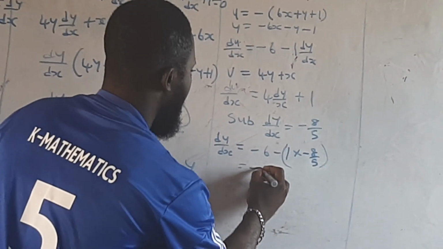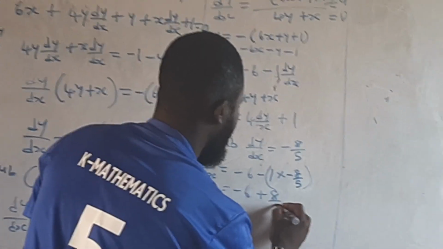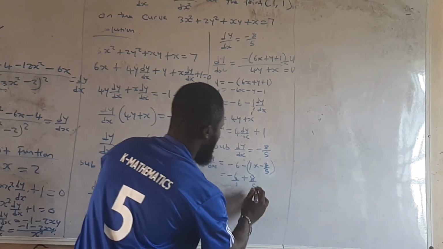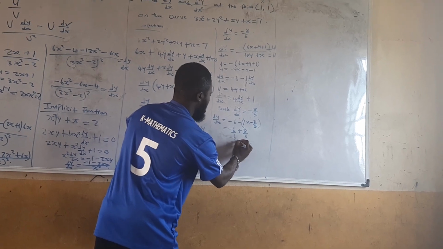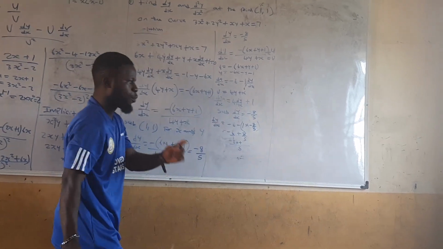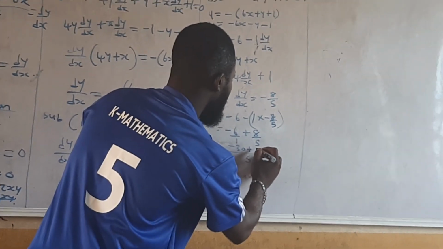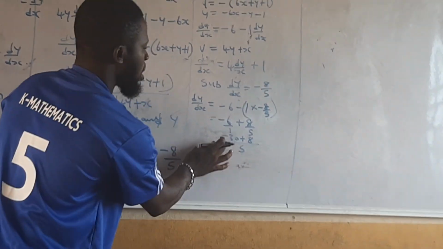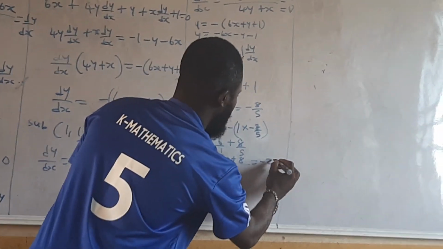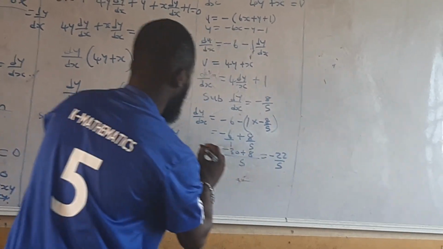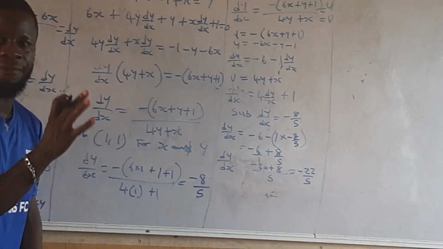So this will give me minus 6, that will be plus 8 all over 5. Then you do your LCM, that will give you 5. 1 in 5 is 5, 5 times 6, that's minus 30. Plus 5 in 5, 1, 1 times 8, that will give you 8. So minus 30 plus 8, that will give you minus 22 over 5. That's our du/dx in unit value, not in variable form.